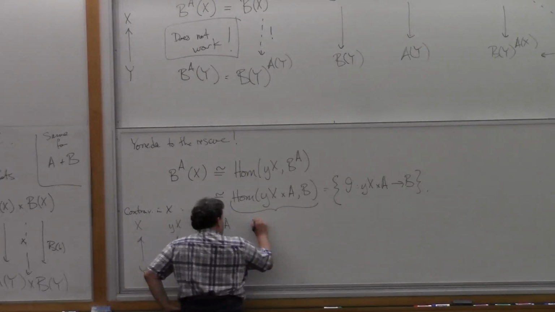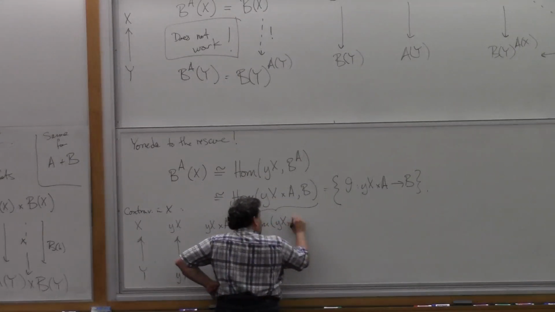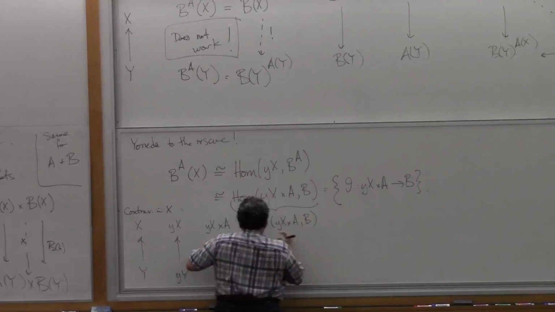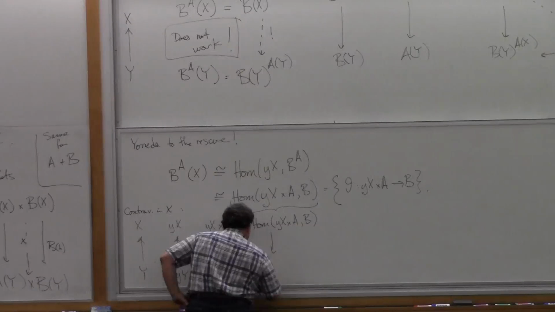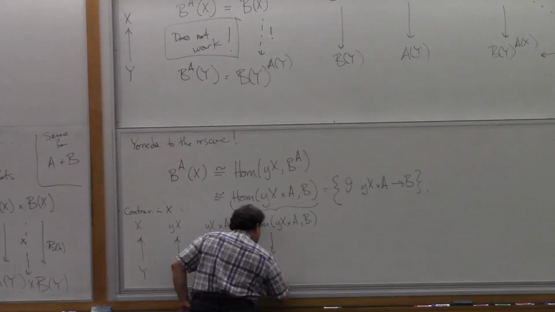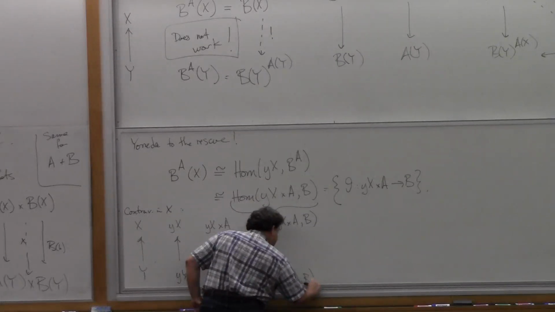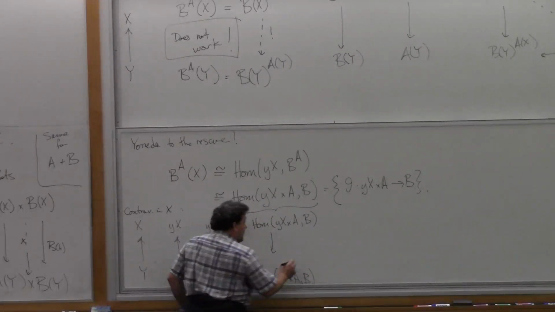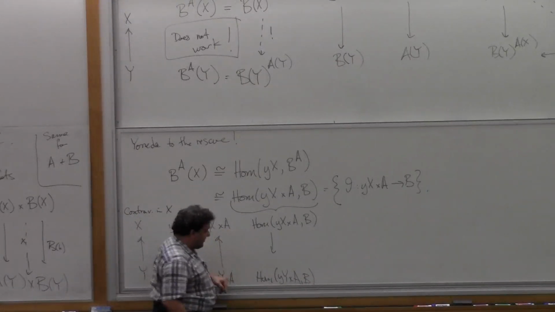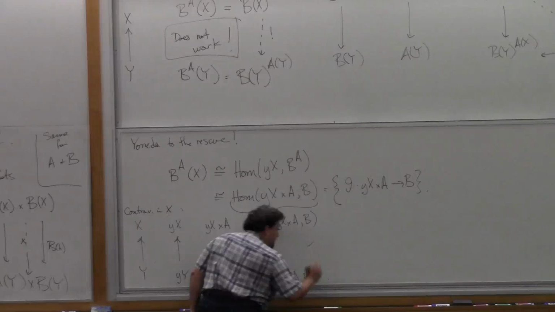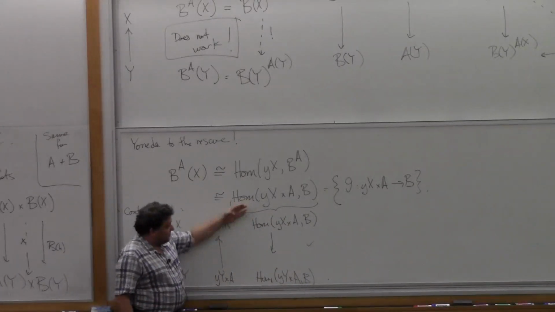So that gives us hom(yx × a, b). This is a contravariant functor in the left-hand argument, so that gives us hom(yy × a, b). So yes, good. It's a contravariant functor of x. If y goes to x, this thing goes to that thing. So we're done.